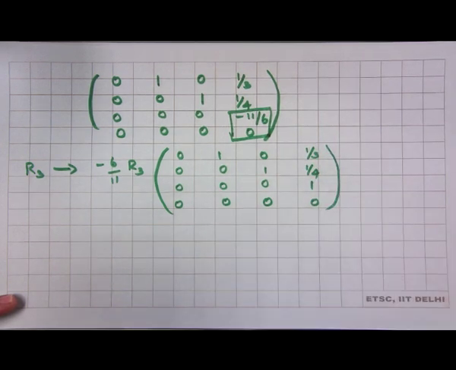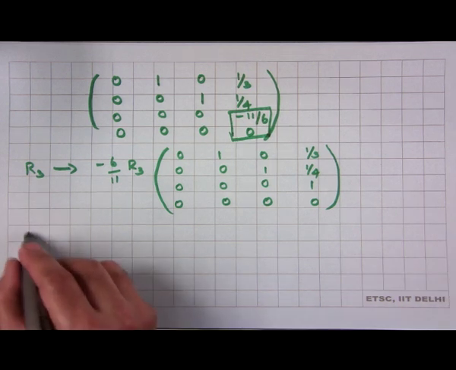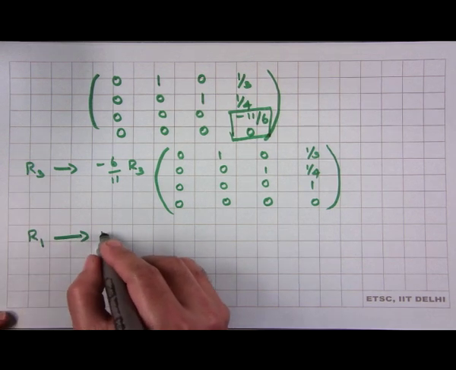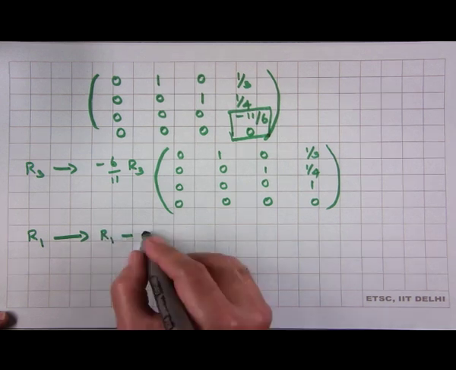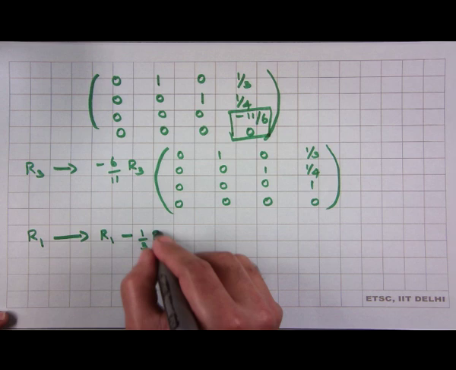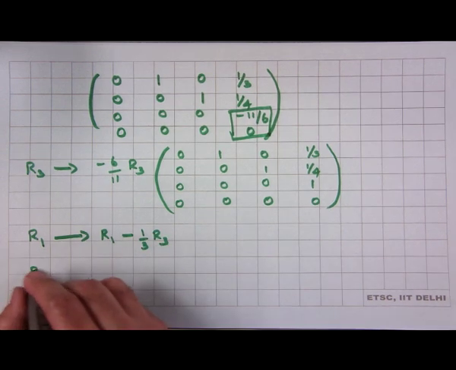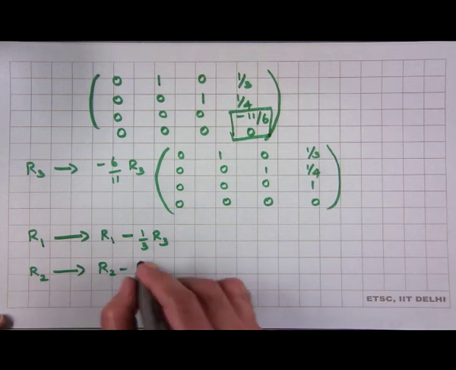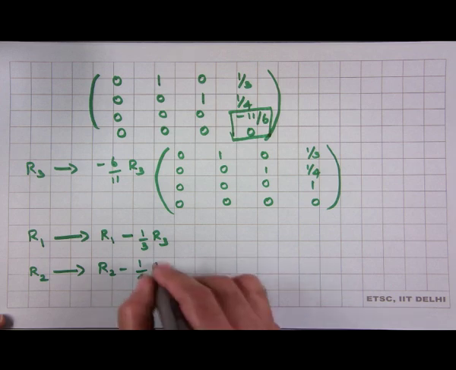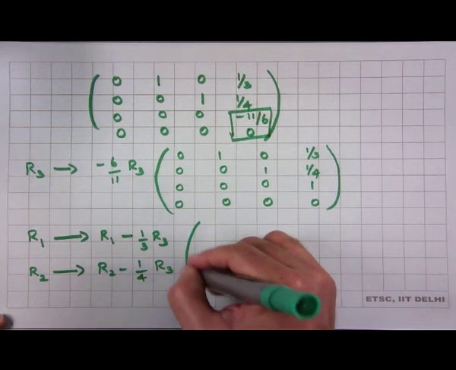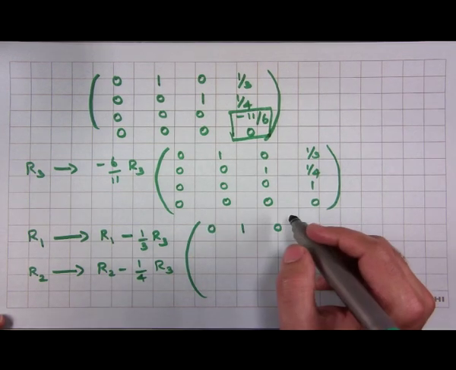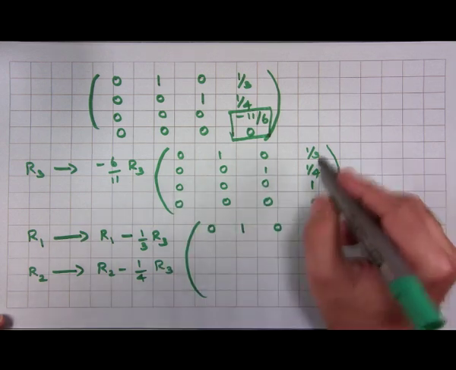And then now I have 1 by 4 and 1 by 3 here, I will have to convert them into zeros. R1 is replaced by R1 minus 1 by 3 times R3, and similarly R2 is replaced by R2 minus 1 by 4 times R3. 0, 1, 0, all three things remain unchanged.